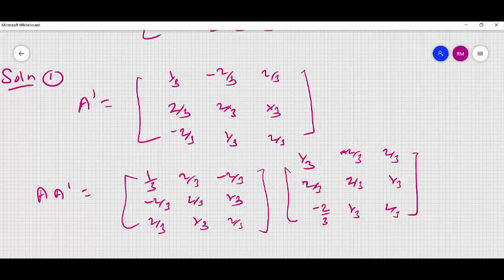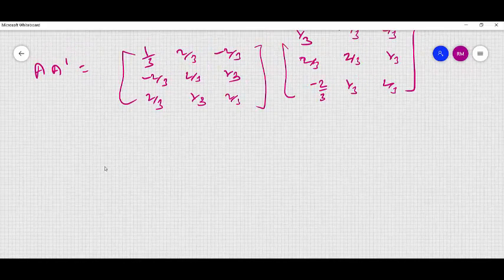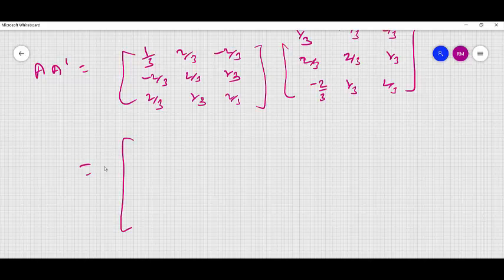This is a 3 by 3 matrix, this is also a 3 by 3 matrix. The product will be of order 3 by 3.